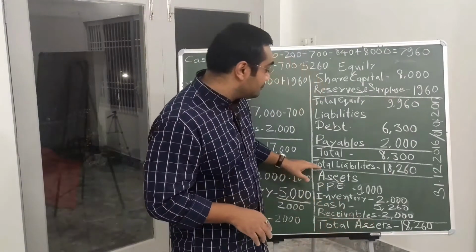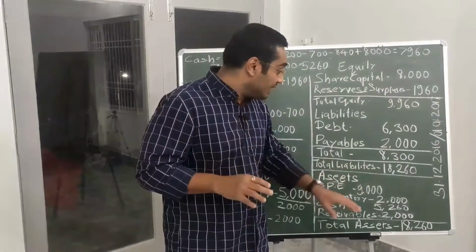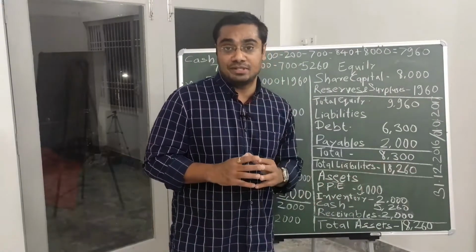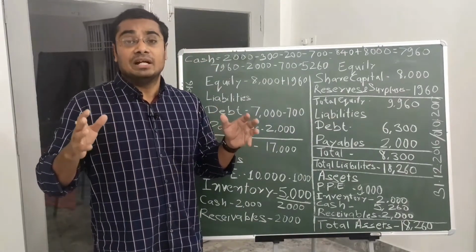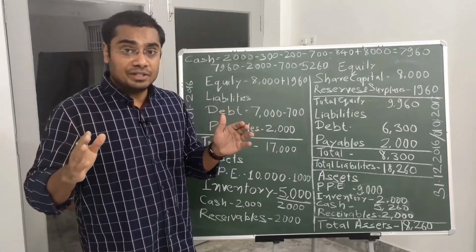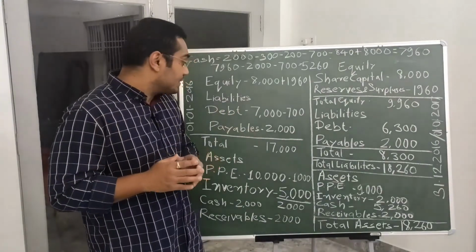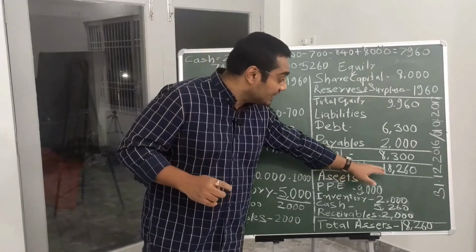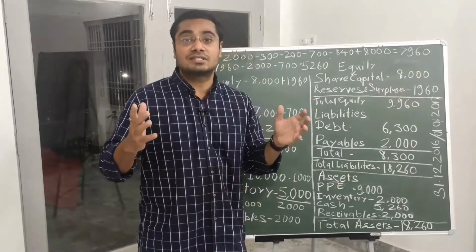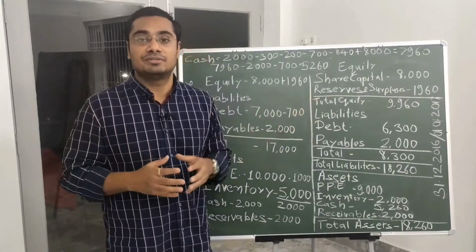Total assets equals total liabilities of 18,260 rupees. Thus we also see that in due course of time, a period of 1 year, the company has grown from a 17,000 rupees company to a company of 18,260 rupees, thus creating value for the shareholders.